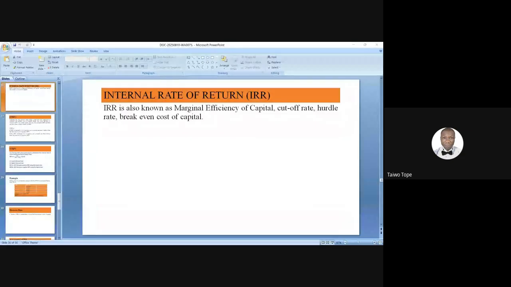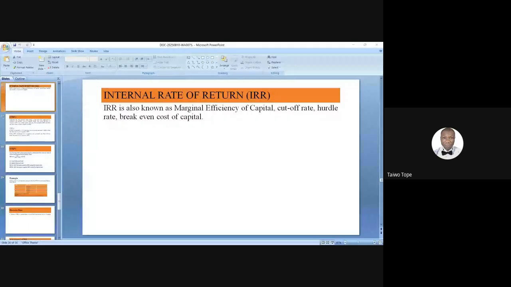So similar to NPV, internal rate of return accounts for time of cash flows. For time of cash flows, value of money is also very important.